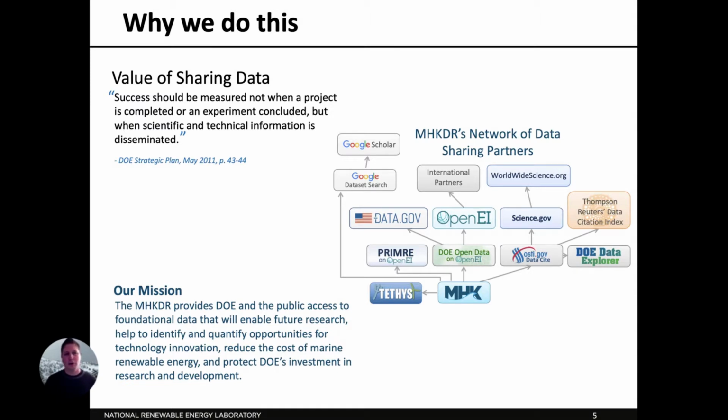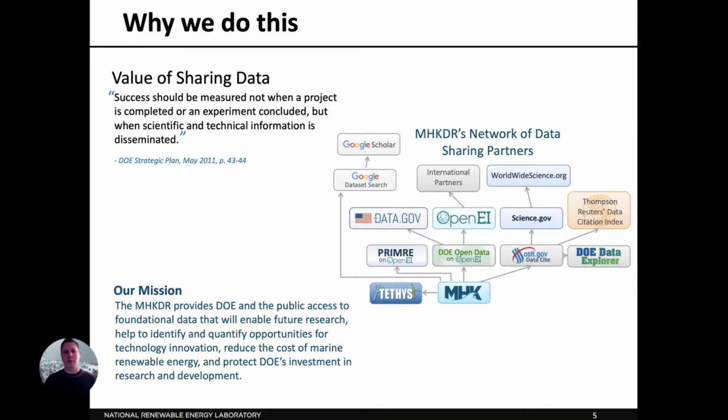But at our core, our mission at the MHK Data Repository is to provide DOE and the public access to foundational data to enable future research and really to protect DOE's investment in research and development. We're going to talk about this a little bit more later too, but on the right there, you can see the MHKDR's network of data sharing partners.